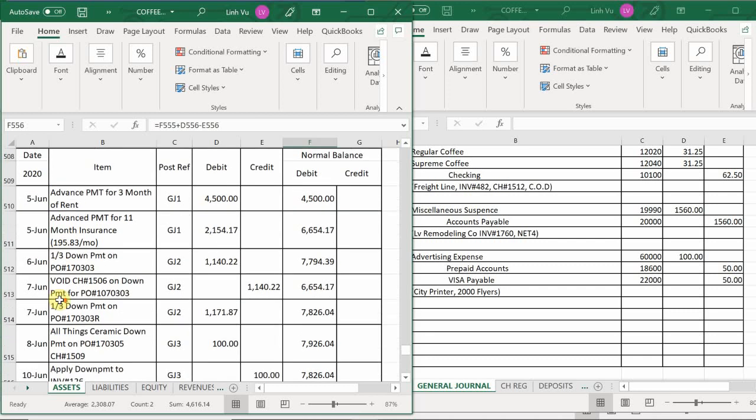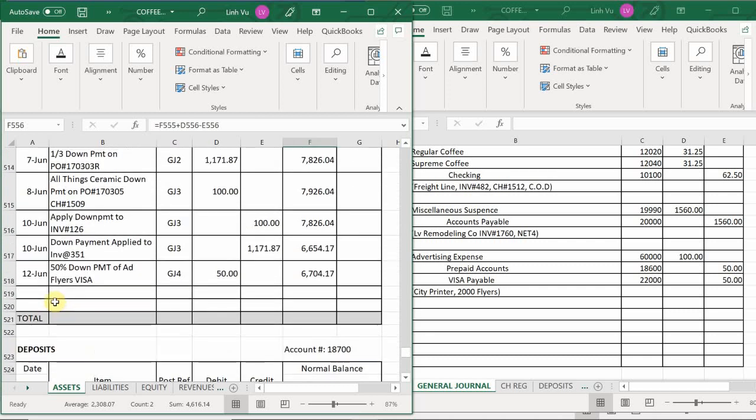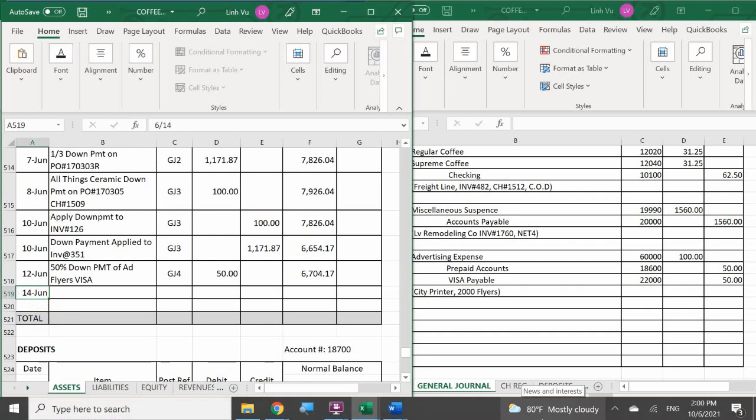So here we are, prepaid accounts, the flyer. I'm going to put in here: apply down payment to invoice, we don't have an invoice, to advertising flyers.